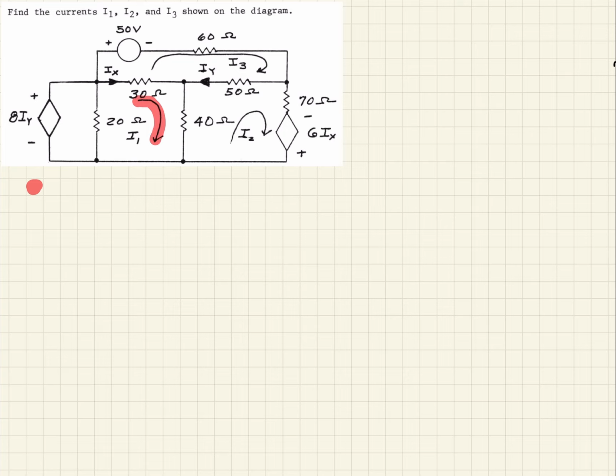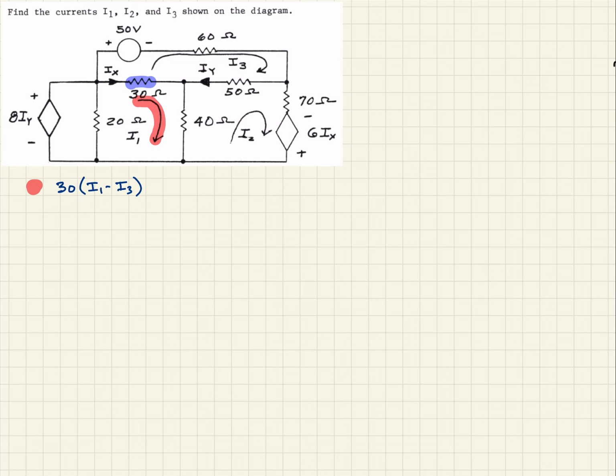And so when we look at that, we see that we have this 30 ohm resistor. And so the 30 ohm resistor will have I1 going through in one direction and then I3 going through the other direction. So that being the case, we can write that then as 30 times I1 minus I3.